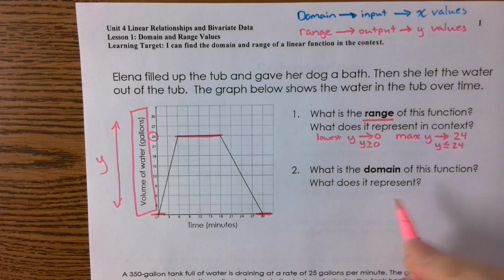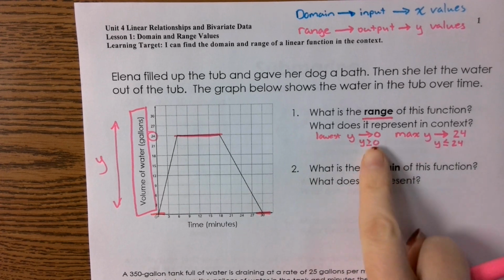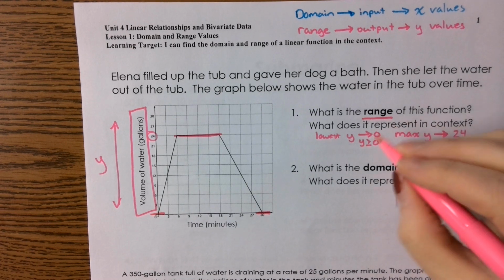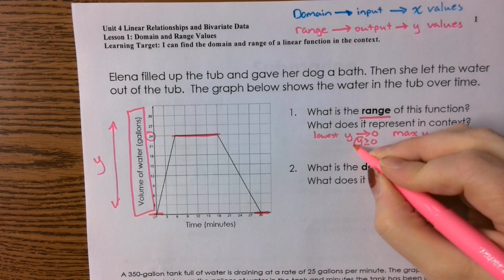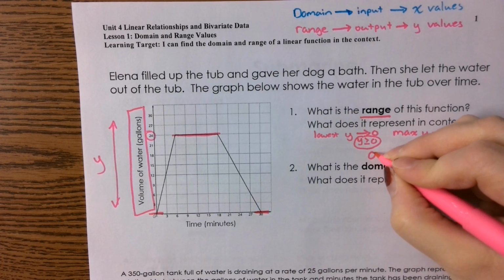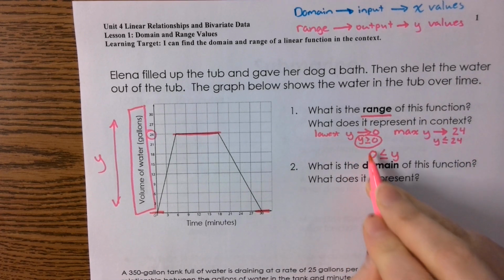Now, I want to put these together, though. I don't want to have two separate stated inequalities, so we're going to make it a compound inequality. Remember, with compound inequalities, one of those inequalities is just going to be flipped, and then you can piece it all together. So we're going to flip y is greater than or equal to 0. If I flip it, it becomes 0 is less than or equal to y. That's the exact same thing, isn't it?